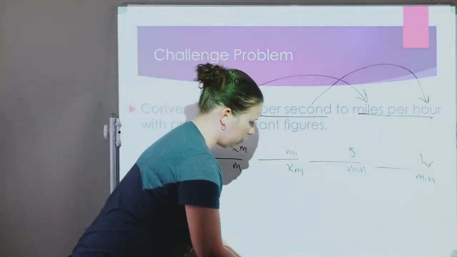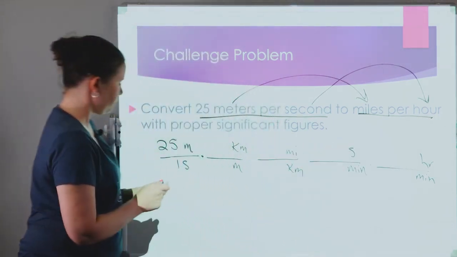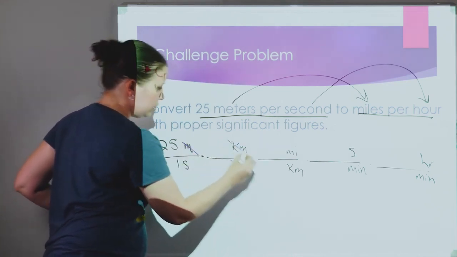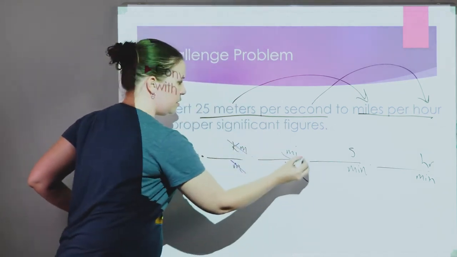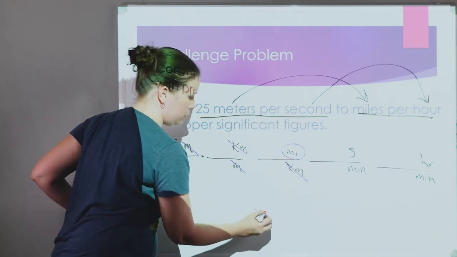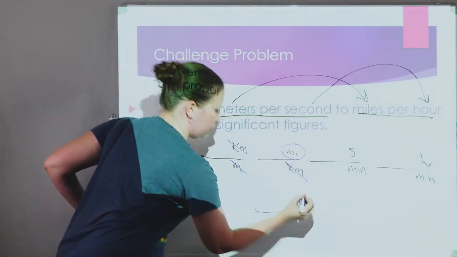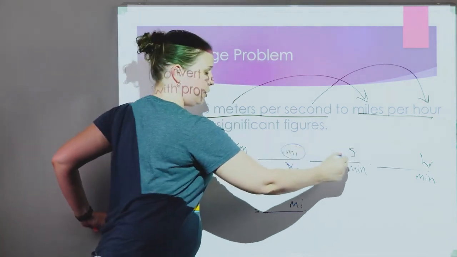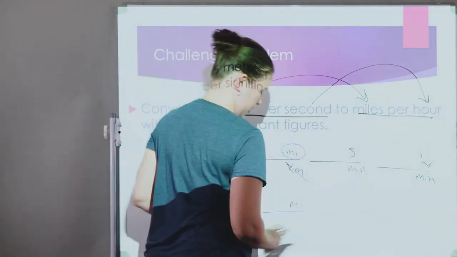Actually, let me use a different color and just kind of show this. Meters top to bottom, kilometers top to bottom, still in miles, so my answer will have miles on the top. Then seconds, bottom to top. Minutes, oops, didn't set that up right.